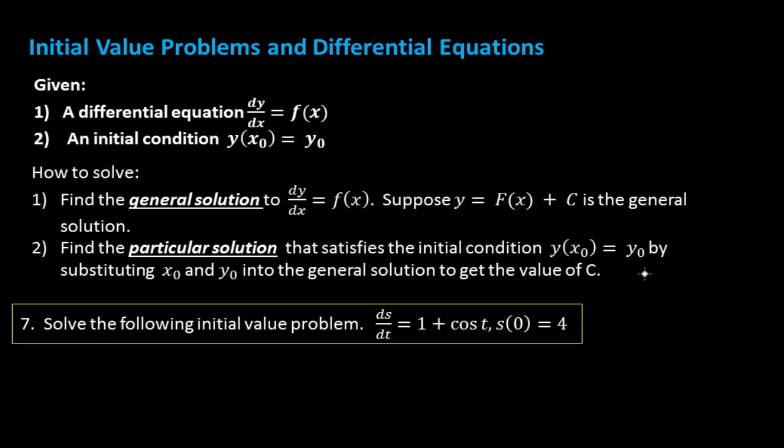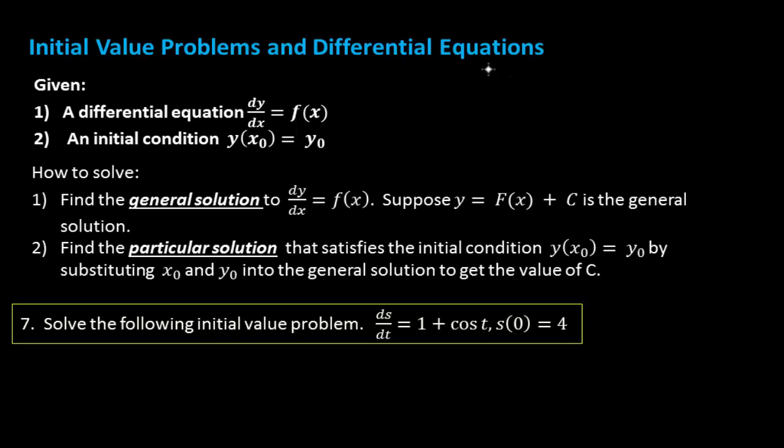Now, here is a very interesting part of looking for antiderivatives. It's what we call initial value problems and differential equations. Remember that when we started with chapter 3, we have a function y.